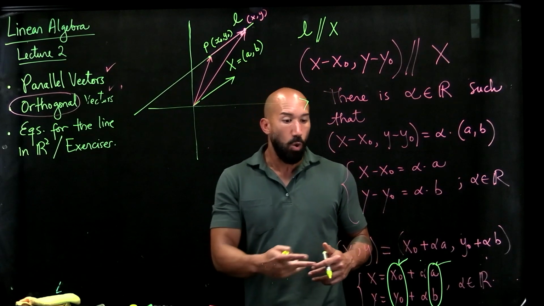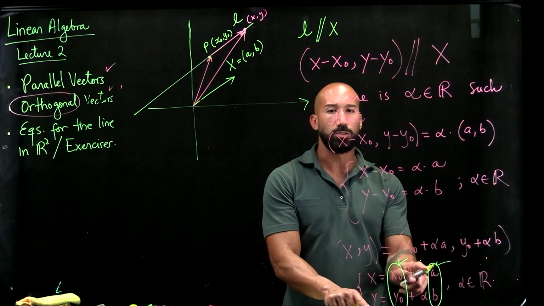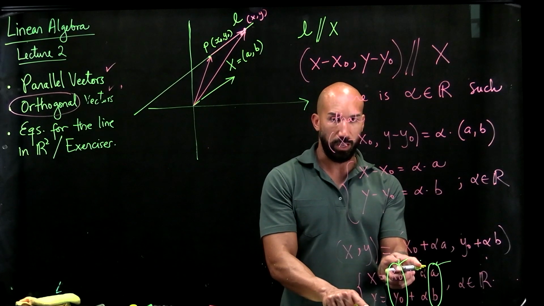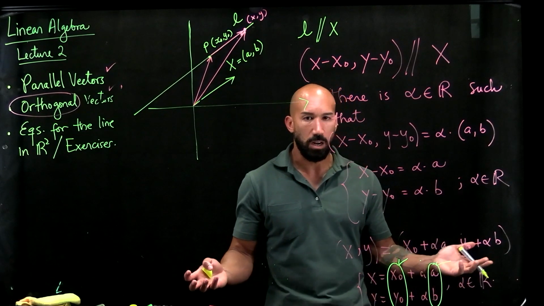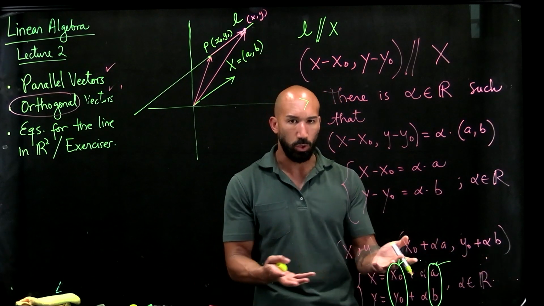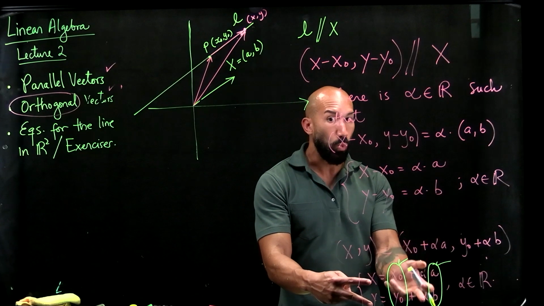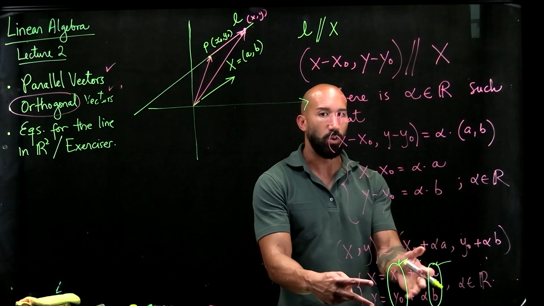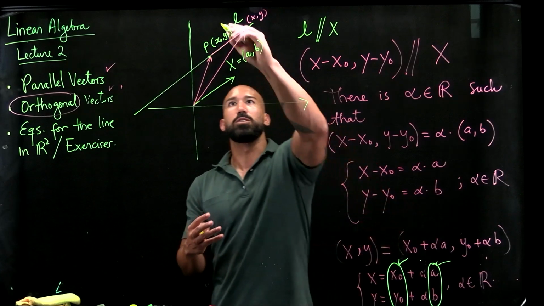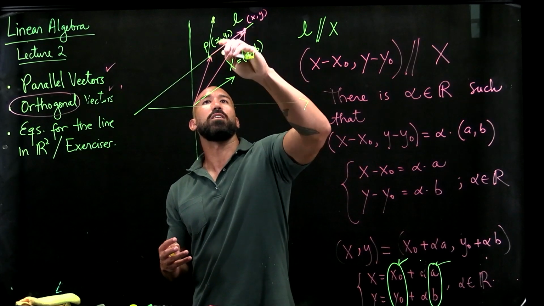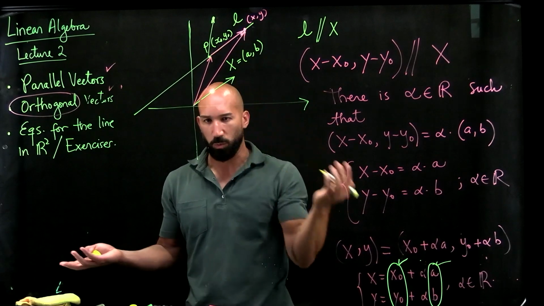A given point is going to be on the line when I am able to find a scalar alpha such that these two equations are satisfied. If I put a point here and I cannot find one scalar alpha satisfying both at the same time, that point is not going to be on the line. Why? Because if that point is not on the line, the vector that these two points are determining is not going to be parallel to the given one.